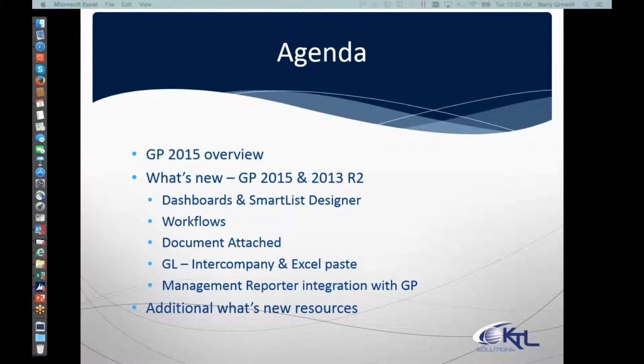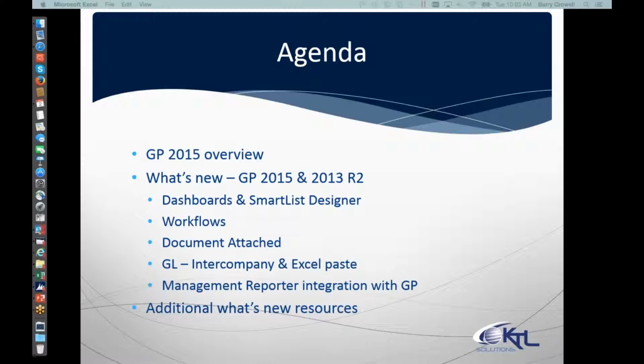Today's agenda is basically going to go over an overview of GP, what's new for GP 2015 and 2013 R2, because a lot of you haven't seen that, and a lot of the 2015 features actually build on the capability of 2013 R2.